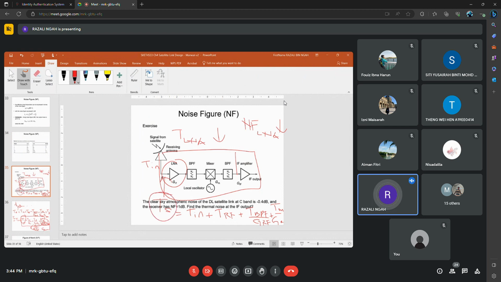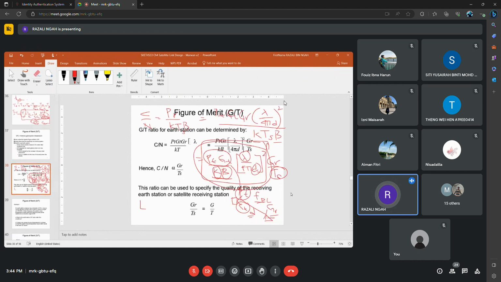So my point, going back to this one, is that TS we can improve or lower by choosing the right configuration of our receiver design. So GR and TS are the parameters that we can improve and change, whereas the other parameters are fixed.